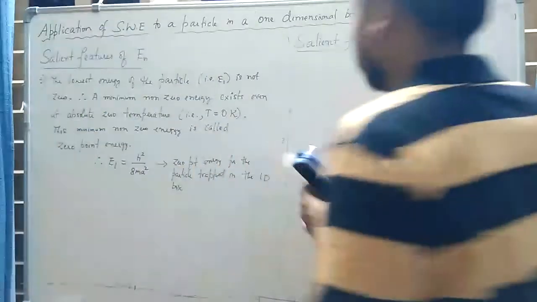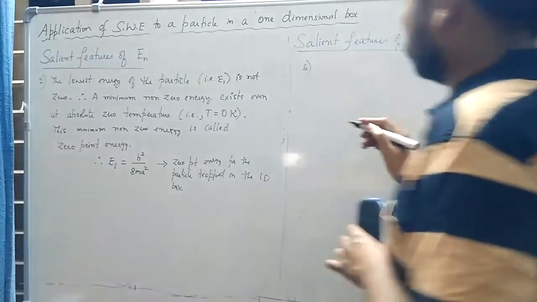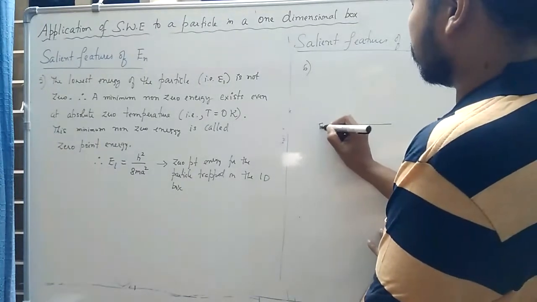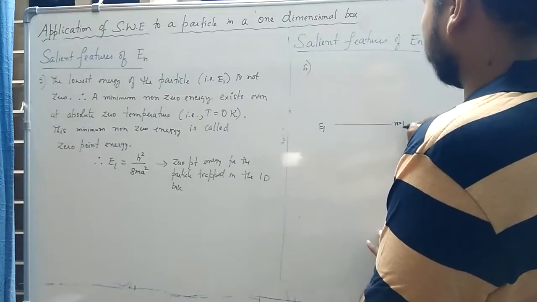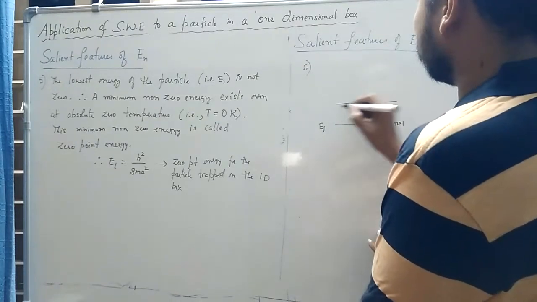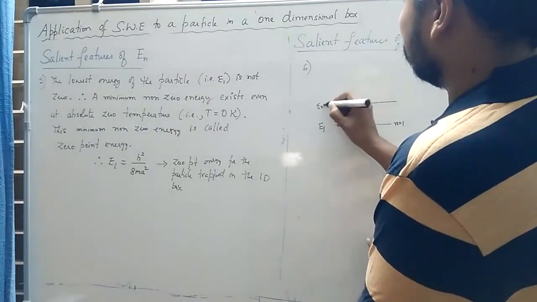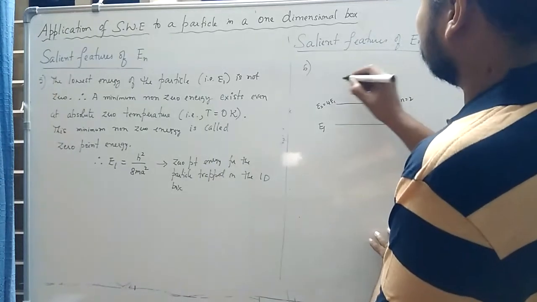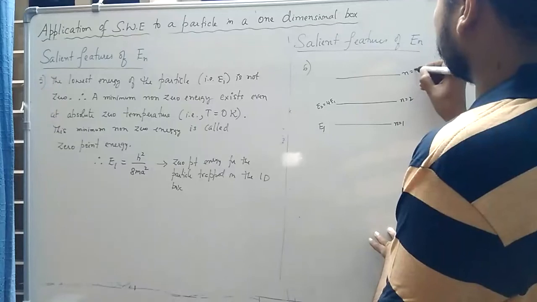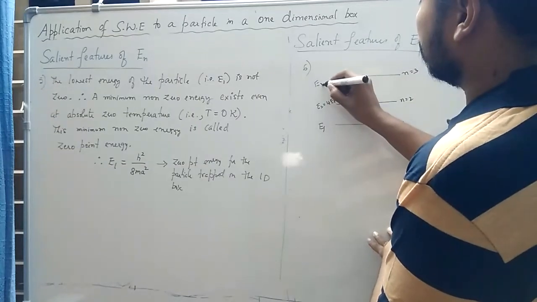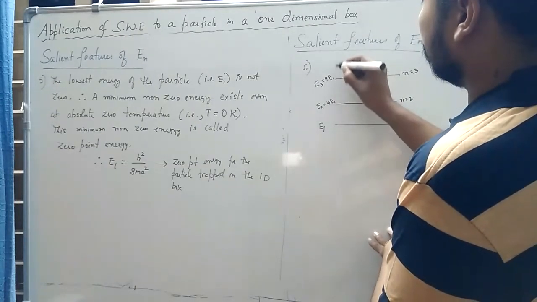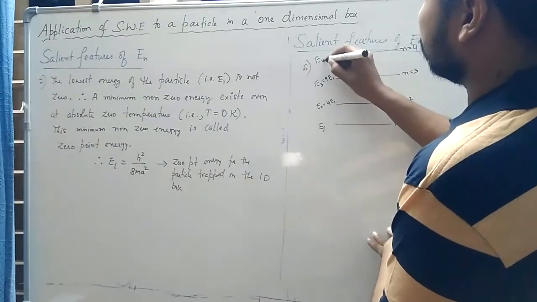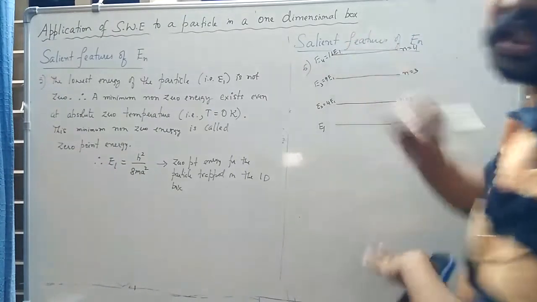Okay, so I will redraw the energy levels. So this is the ground state energy level E1 for n is equal to 1. This is E2, which is 4 times E1, for n is equal to 2. This is n is equal to 3, having energy 9E1, and similarly n is equal to 4, corresponding to energy 16 times E1.